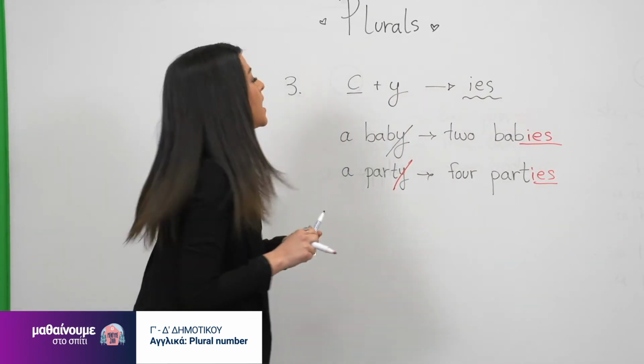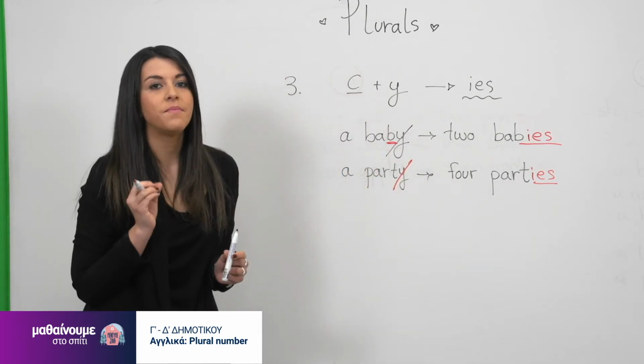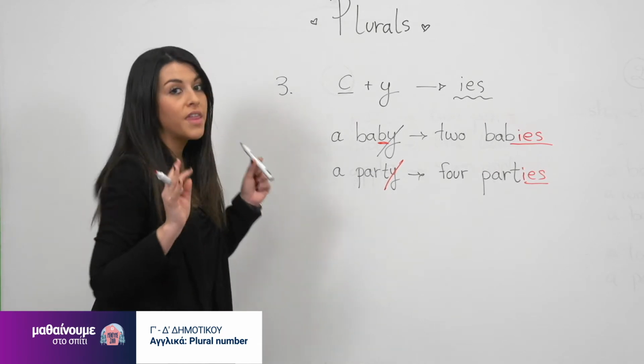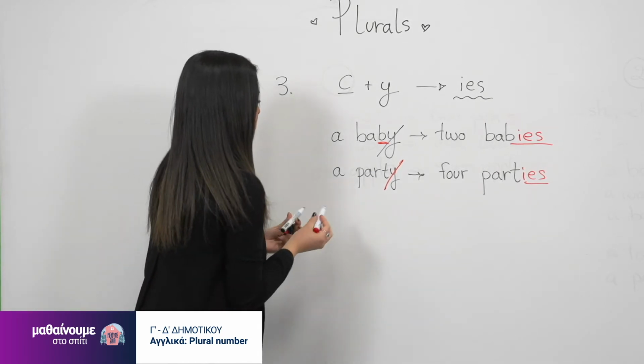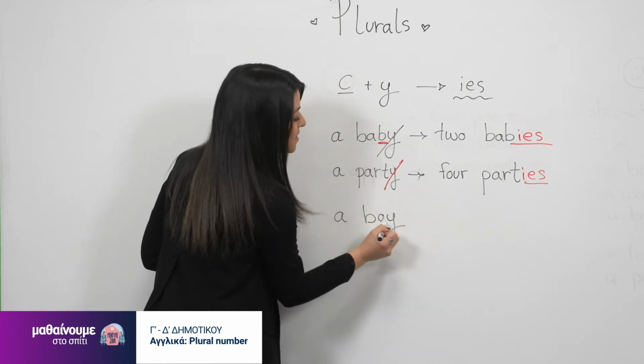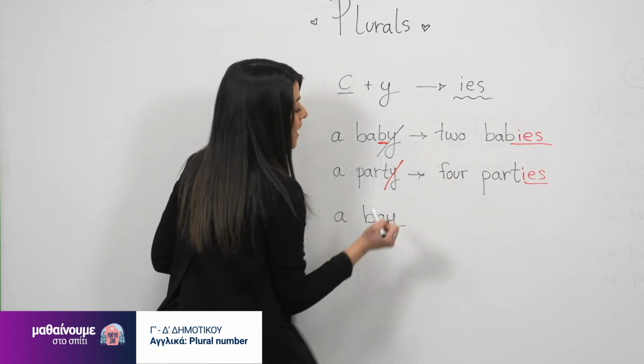But remember, before the end, this has to be a consonant. Πρέπει να είναι σύμφωνο πριν το Y. If it's not, αν δεν είναι σύμφωνο, δεν το κάνουμε αυτό. For example, a boy. This is a vowel, right? It's not a consonant, so we don't put IES.